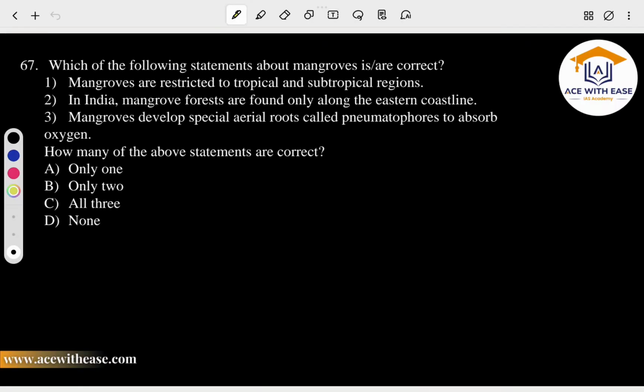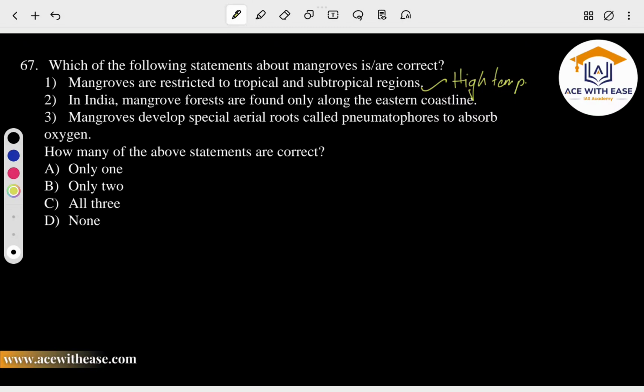Then 67, which of the following statements about mangroves is correct? Mangroves are restricted to tropical and subtropical regions. Yes, because of the high temperatures. Mangroves are plants which require high temperatures, so they are present in the tropical and subtropical regions.